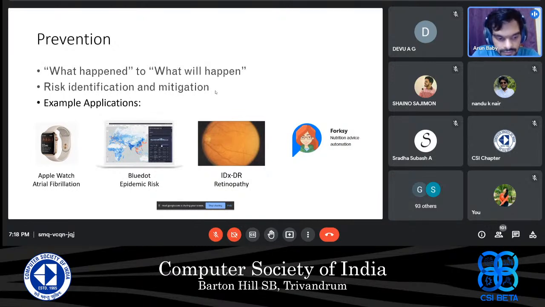Regarding the pandemic risk detection, Blue Dot is a company that actually predicted the risk of an epidemic of COVID-19 way before, at least 1 week before WHO or other national healthcare agencies reported that there is an epidemic.